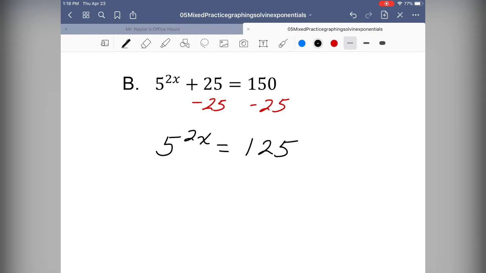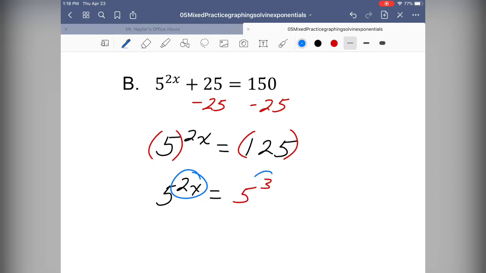And so when I subtract 25, it actually allows me to rethink the number 125. It allows me to rethink of that as a base 5. Now you have to know what your exponents are, but it is true that 125 can be written as 5 to the third power. 5 times 5 times 5. So now, of course, the bases are the same, and the easy step, we know that the exponents would have to be the same.